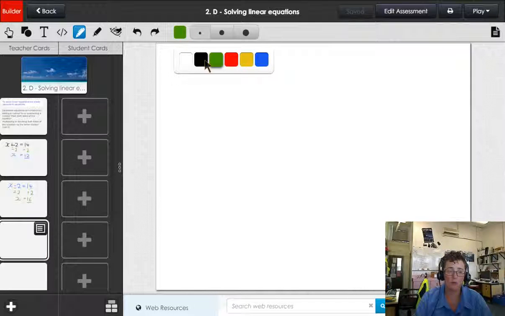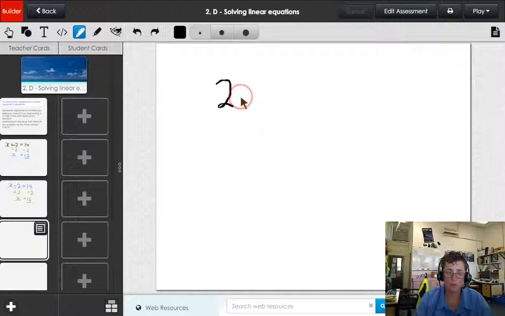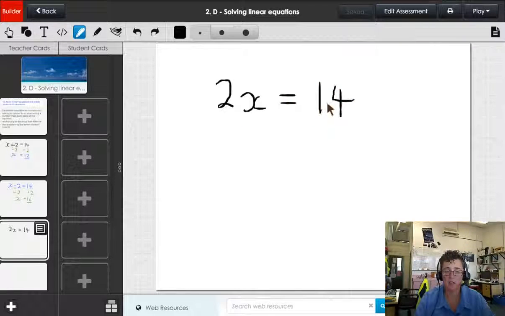When we go to multiplication, we'll start with 2x, and you know that means 2 times x equals 14. So we're looking at 2 times what number is 14.